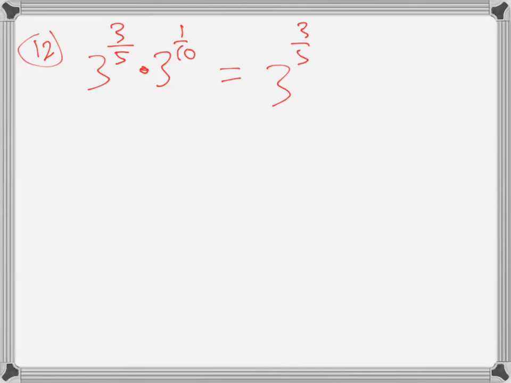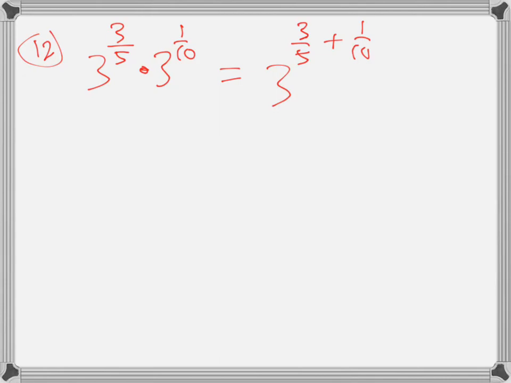Okay, so what do you got to do? The only way to add those two is to add the fractions, right? Add the powers. And the only way to do it is with a common denominator. Can you get a common denominator there? It's going to be 10, huh? Make them both 10. One of them already is. Make that 3/5 become something over 10.